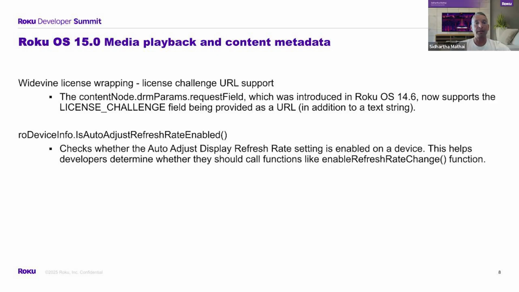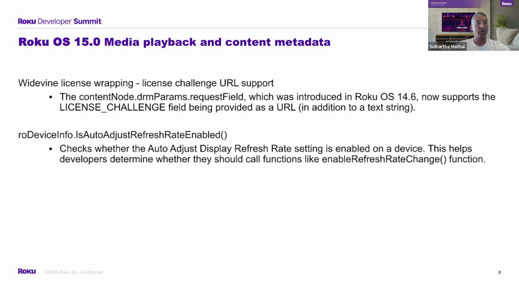A little extra addition here is that the ContentNode.drmParams.request field, which was introduced in 14.6, now supports the license challenge field being provided as a URL in addition to a text string. We will be covering the other parameters later on when we cover 14.6 and 14.5 as a reminder.